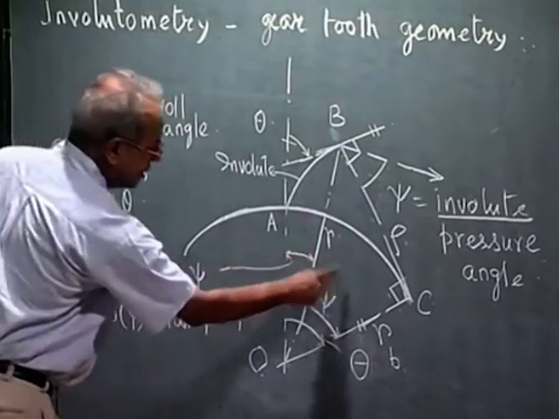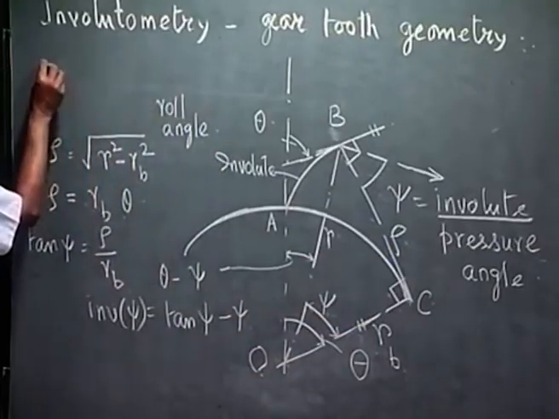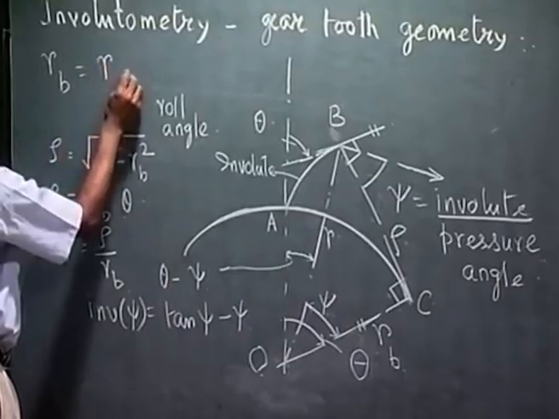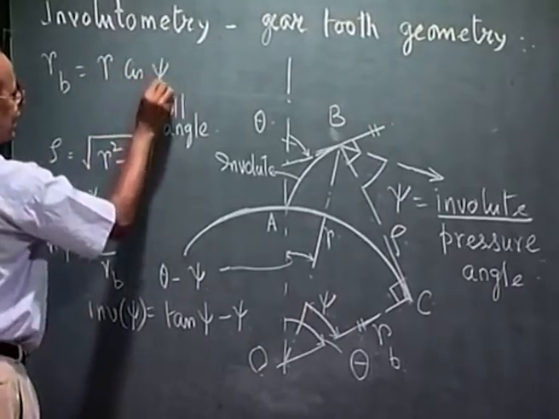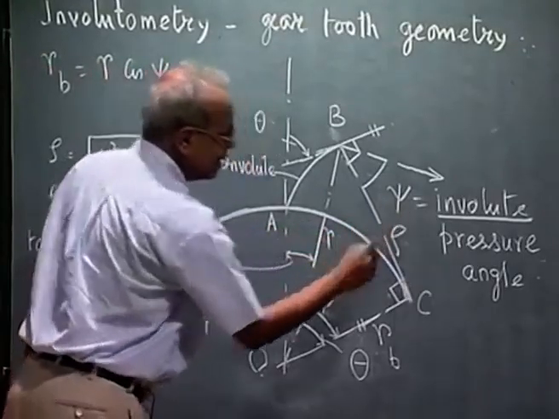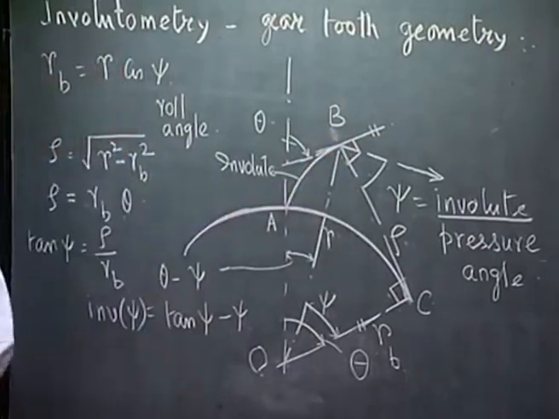And we can also see RB is nothing but R of cosine psi. So, we can write base circle radius is related to R as R cosine psi. So, everything has been found in terms of this involute pressure angle psi, which keeps on changing at various points.